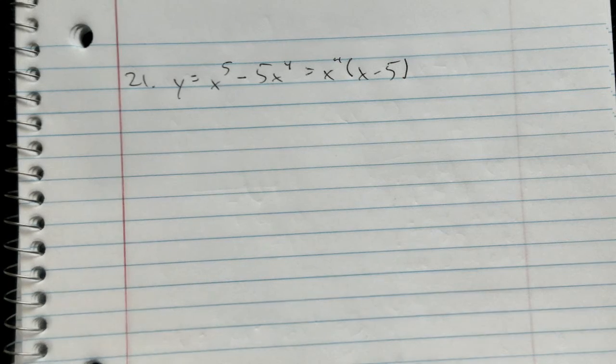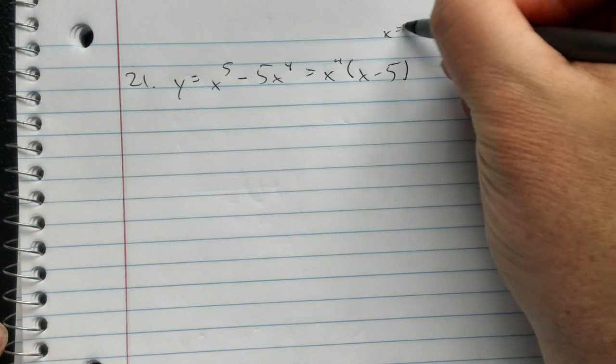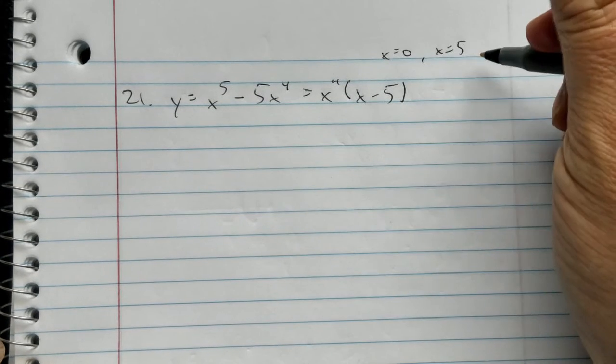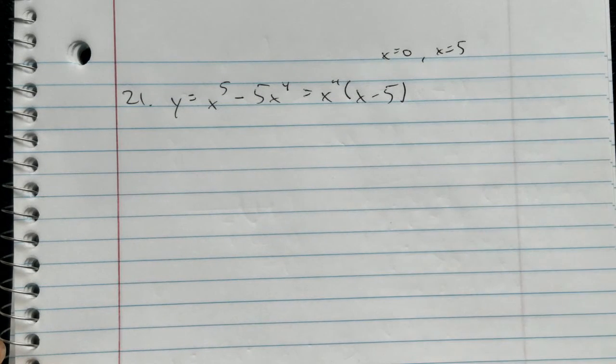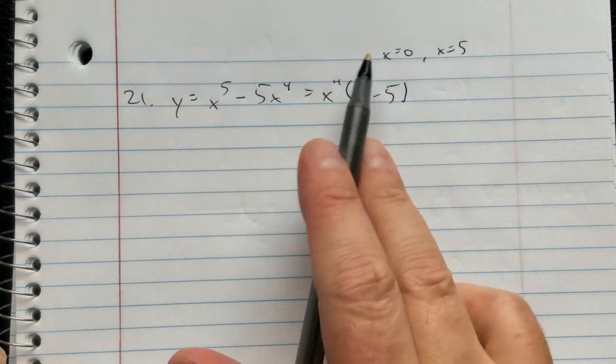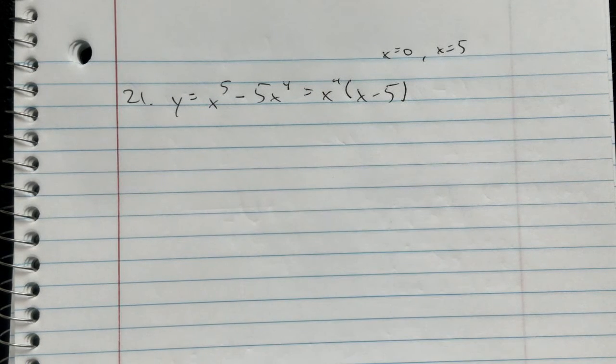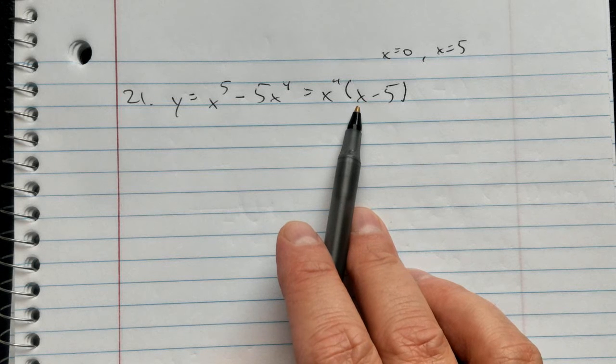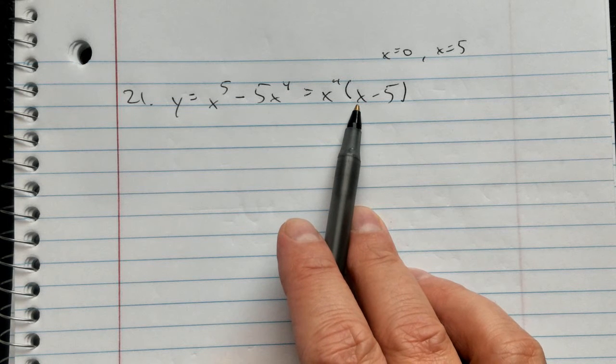So what that means is that at x equals 0 and x equals 5, that's going to be important to us, basically from the factoring. The factoring really does help. If you're good at factoring, you might be able to do the problems quicker.